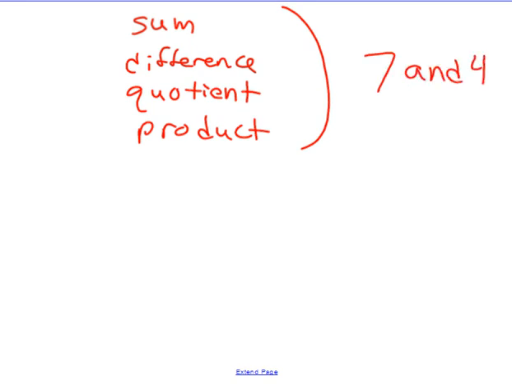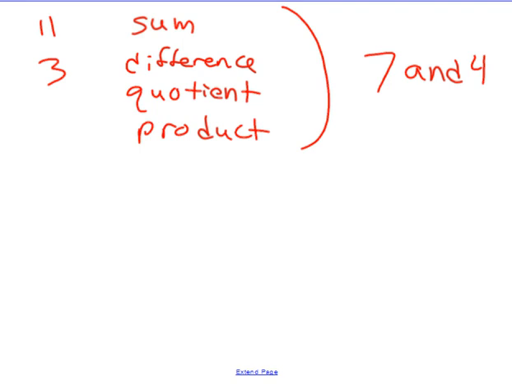And you have to know it's all different. With sum, I add it together. 7 plus 4 equals 11. Difference of 7 and 4, what am I doing? Subtracting. 7 minus 4 is? Quotient. What am I doing? Adam? Dividing.